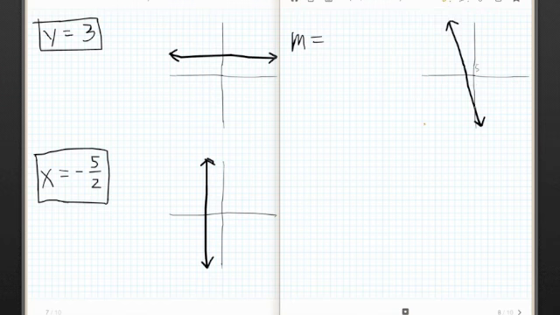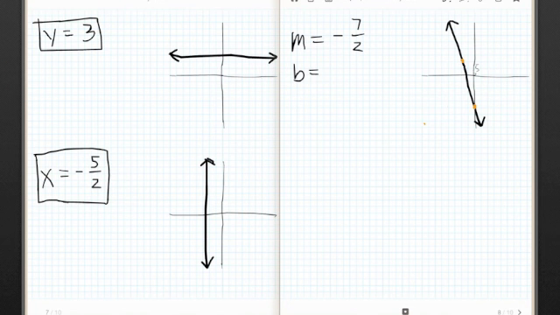If we start right here at our y-intercept, and we have a point right there, we're going up 7 and left 2. So positive 7 change in y, negative 2 change in x. That's negative 7 over 2.